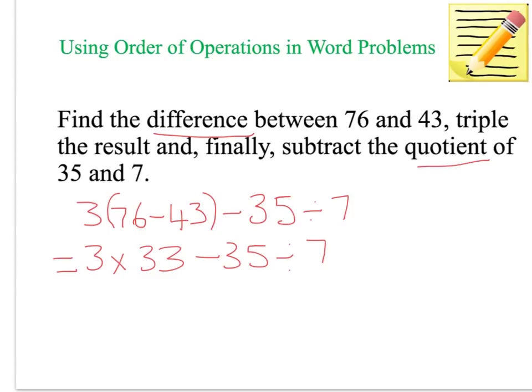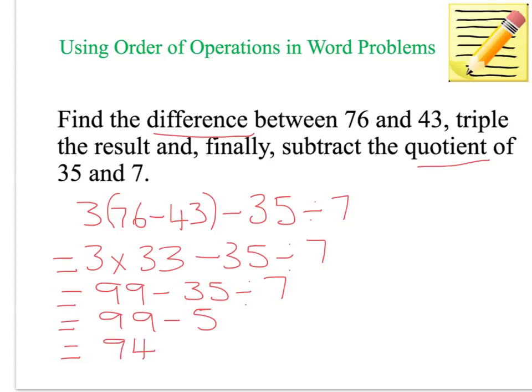So 3 times 33 is 99 minus 35 divided by 7. Now we've got the division, we need to do that next. 35 divided by 7 is 5. 99 minus 5, 94. Okay, so that is the answer.